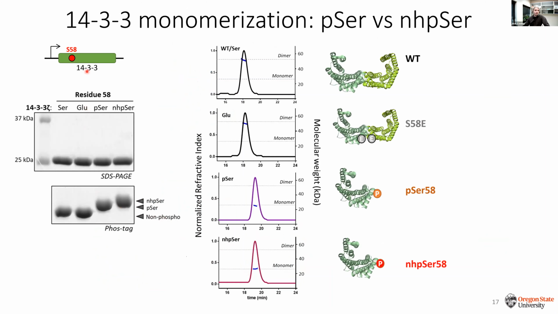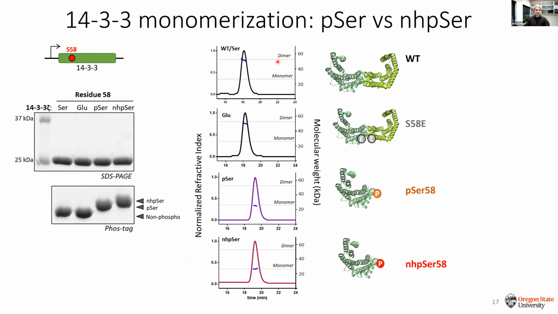So we expressed 14-3-3 with serine at site 58, with the phosphomimetic glutamate at position 58, and also with phosphoserine and the non-hydrolyzable phosphoserine using our PermaPhos technology. And so we purify these proteins and use size exclusion chromatography coupled to multi-angle light scattering to analyze the oligomeric status of these different proteins.